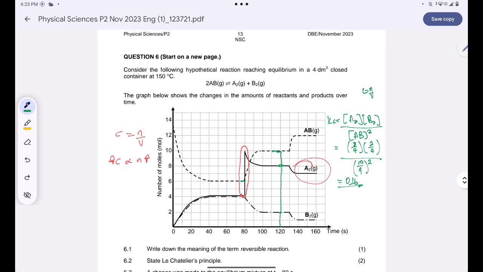What kind of a reaction is this one? Is it endothermic or exothermic? Let's check what happens whenever temperature is decreased. We are told that at 130, the temperature is being decreased, right?